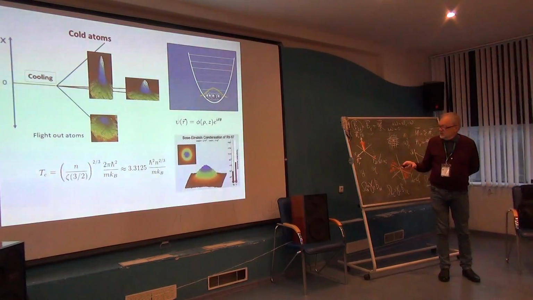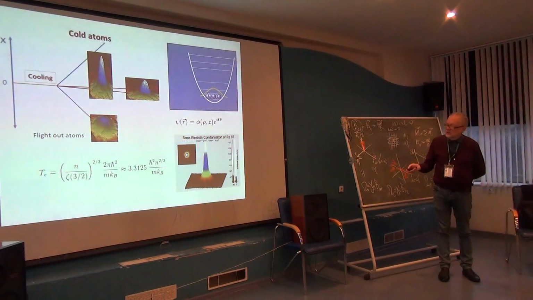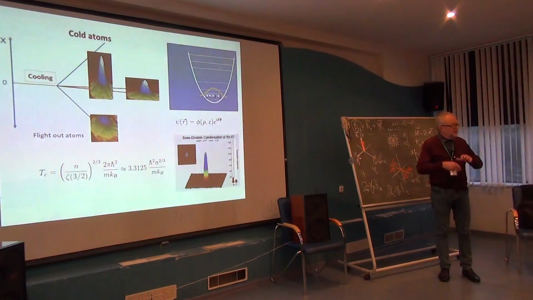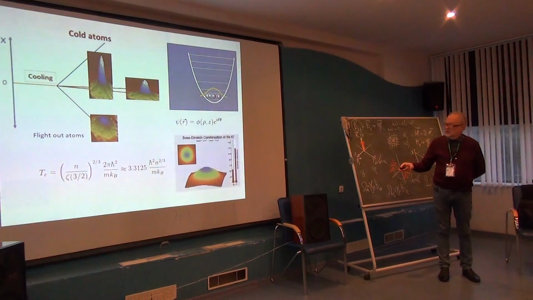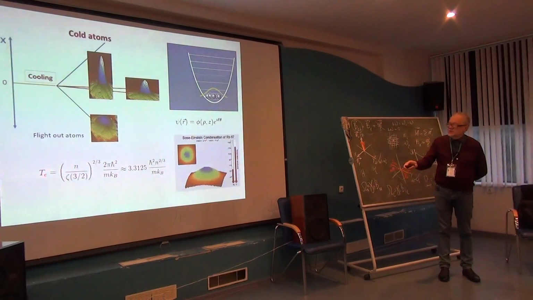And here is a very nice picture which shows the distribution of atoms in this trap. On the left is the density of atoms in units of Tc.